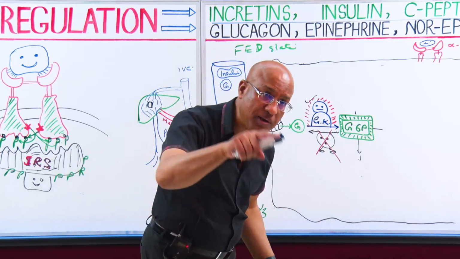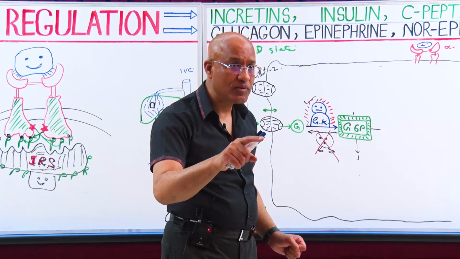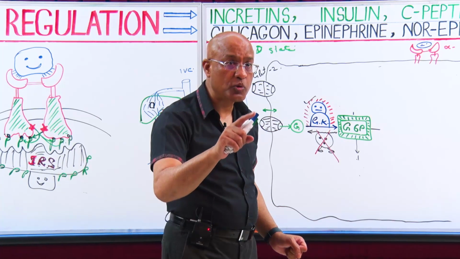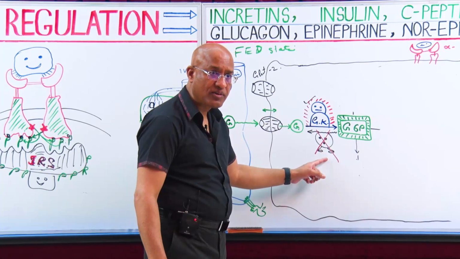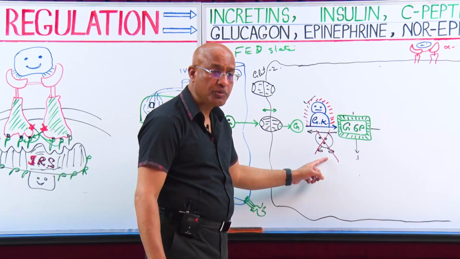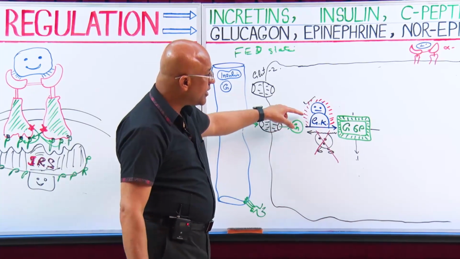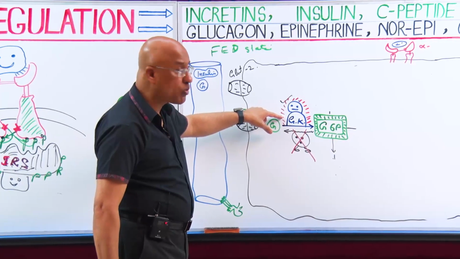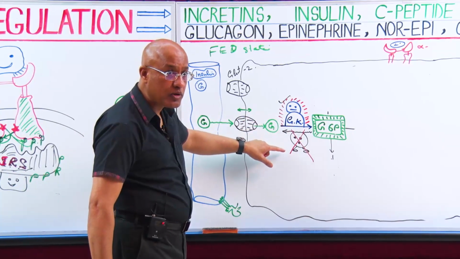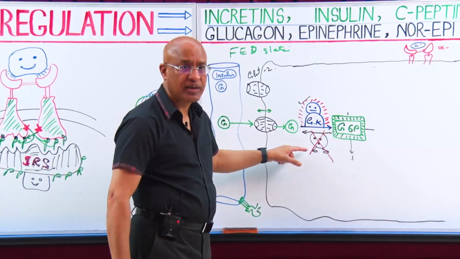But at the same time, insulin gives a signal to the nucleus that the gene which produces this phosphatase should be inhibited. It means insulin can lead to induction or stimulation of the genes which produce glucokinase, and insulin leads to inhibition of the genes which produce glucose 6-phosphatase.